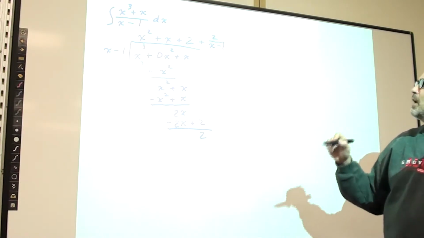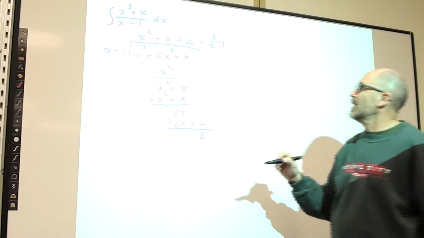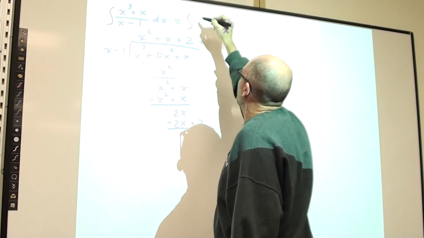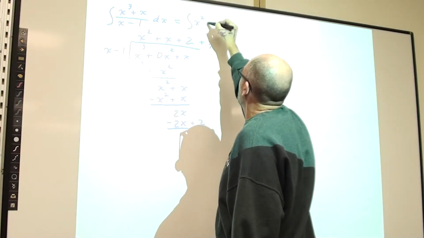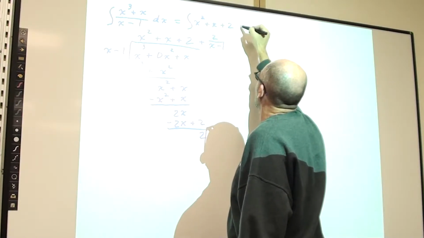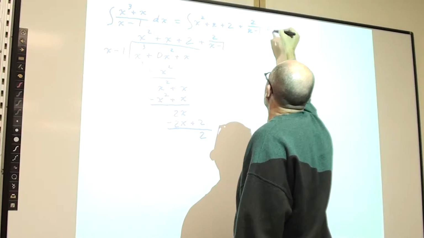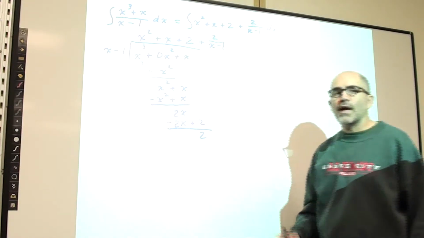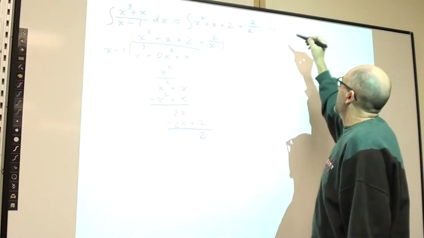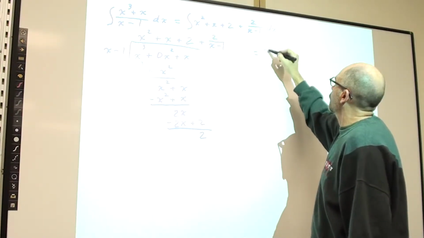Okay, so now our new function is going to be the integral of x squared plus x plus 2 plus 2 over x minus 1 dx. Well, now it's a piece of cake, because you just integrate x squared, and that's going to be x cubed over 3.